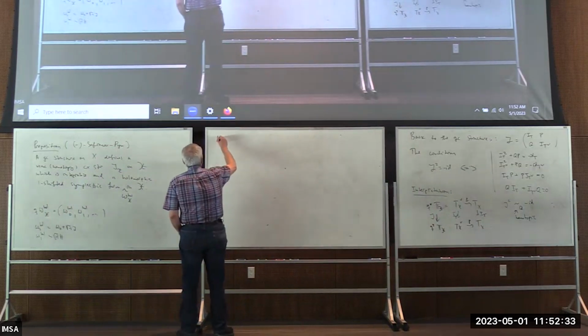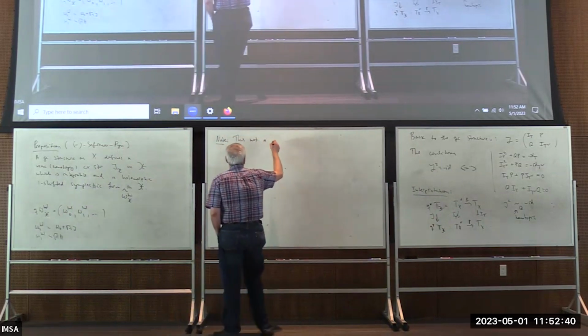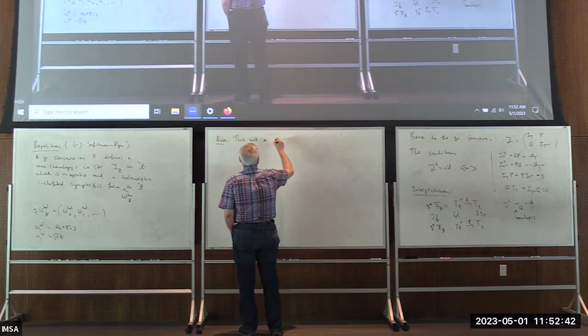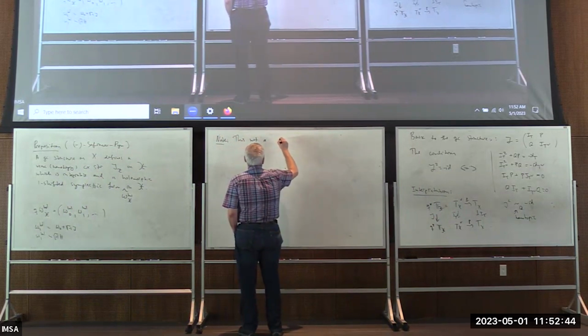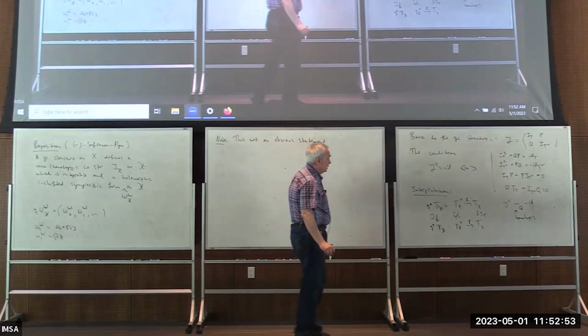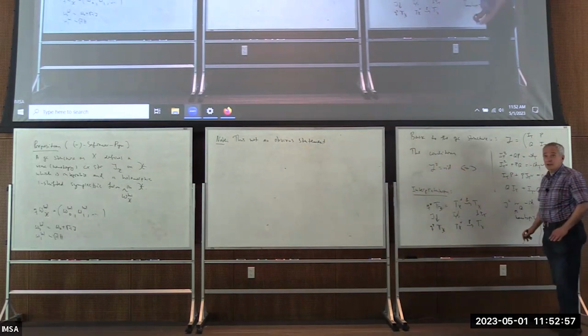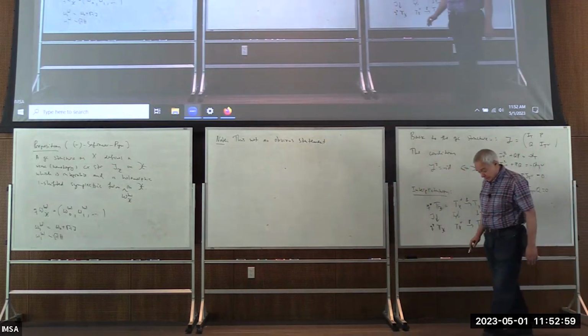And let me just make a remark to say that this is not an obvious statement, because I cheated a little bit. I wrote everything on the pullback under Q rather than on the actual stack.